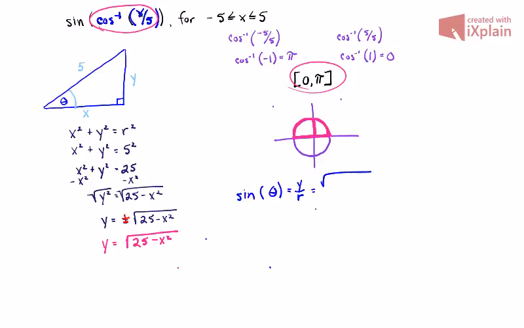Our y value is the positive square root of 25 minus x squared. Our radius is 5. Here's our solution. So that expression of the sine of the inverse cosine of x over 5 is equivalent to the positive root of 25 minus x squared, all of which is divided by 5. I hope this was helpful.